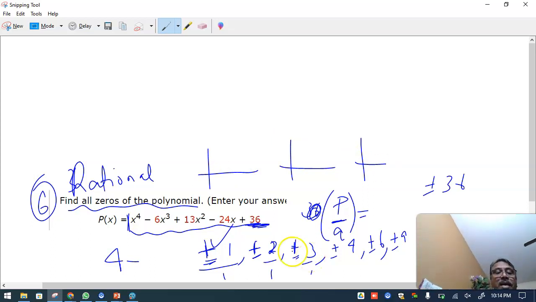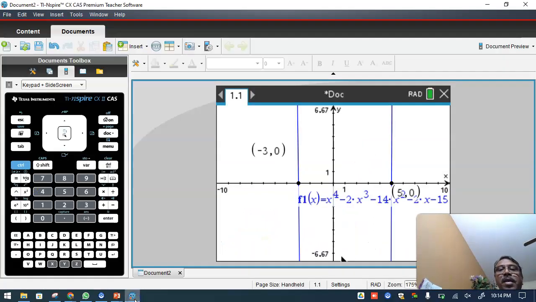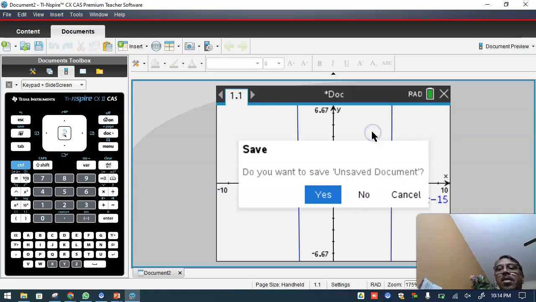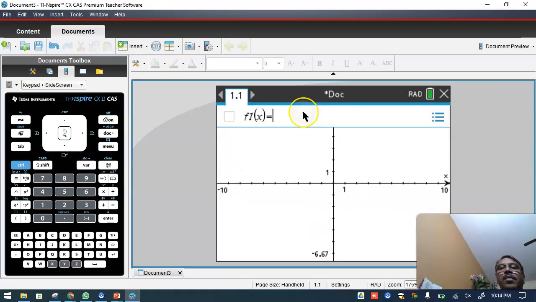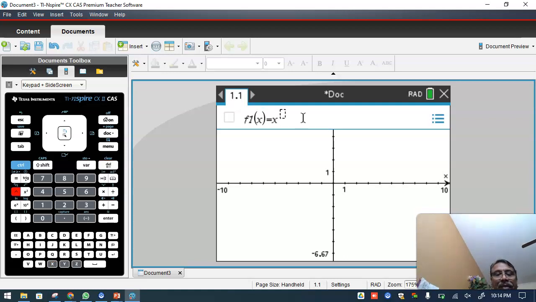So let's go directly and plug it in Desmos. I'm going to go to new, graph. So x raised to 4, minus 6x to the power 3, plus 13x to the power 2, minus 24x, plus 36.